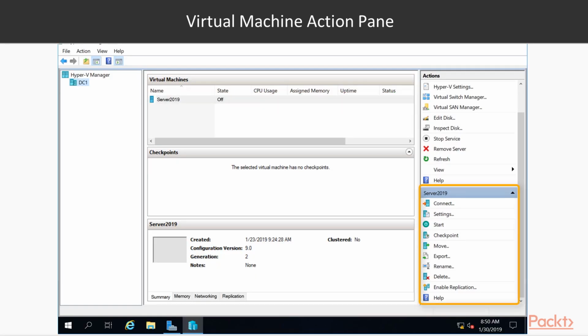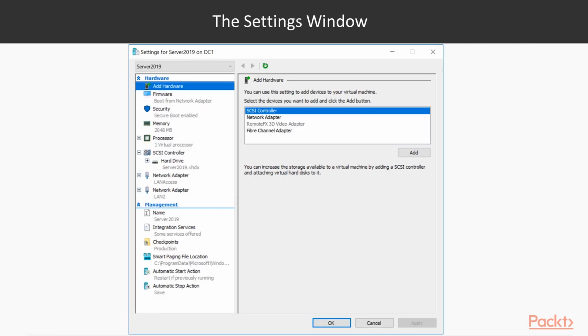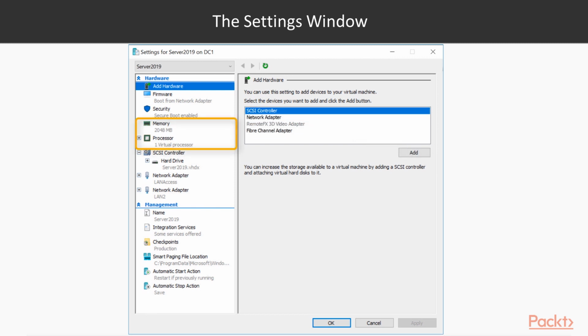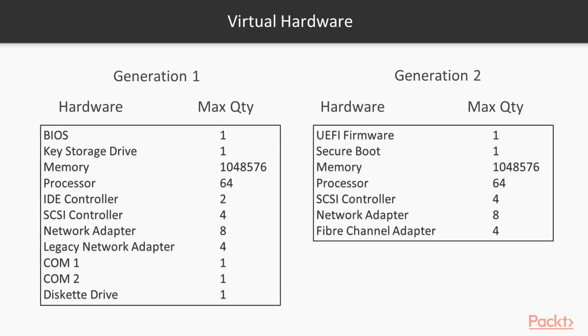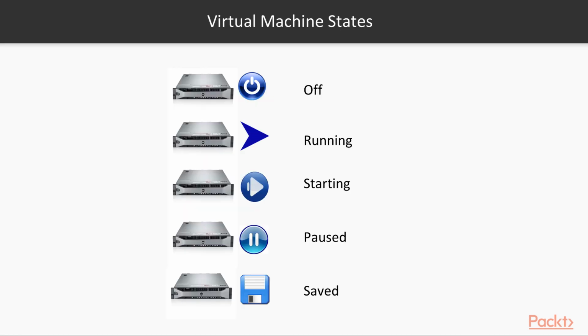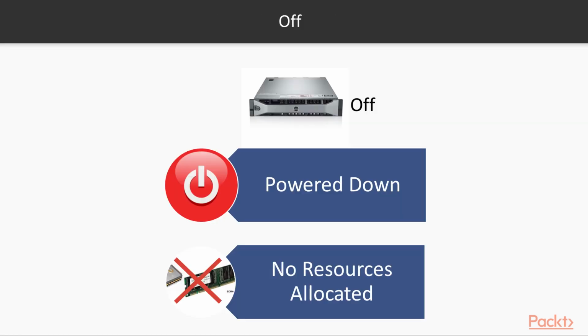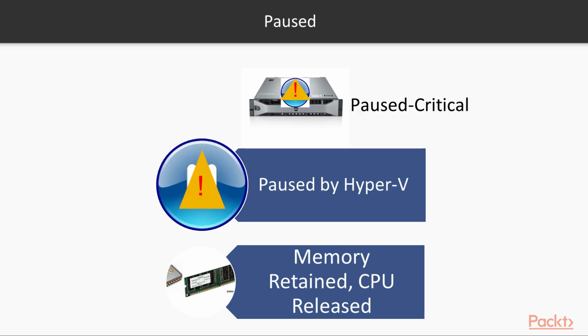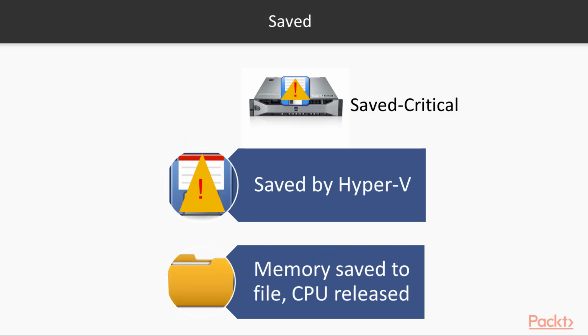This is where you'll learn how to create virtual machines, add virtual hardware, and how to stop, start, and connect to a virtual machine. In the final section, you'll learn about managing virtual machines. This is where you'll learn about virtual machine states, checkpoints, and how to move, import, and export virtual machines.